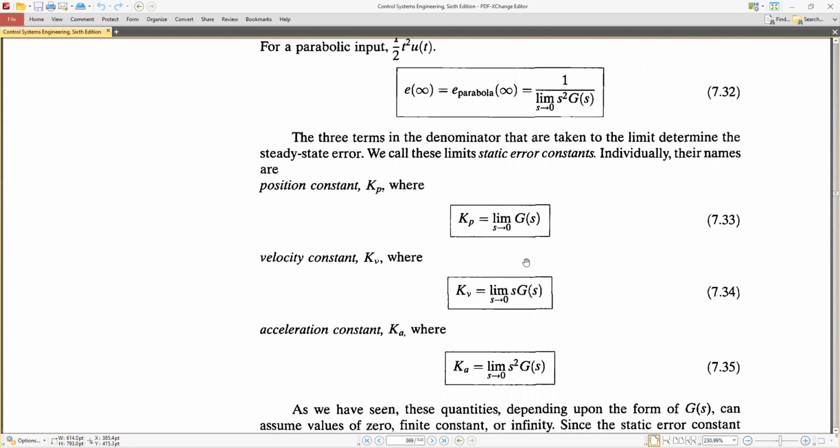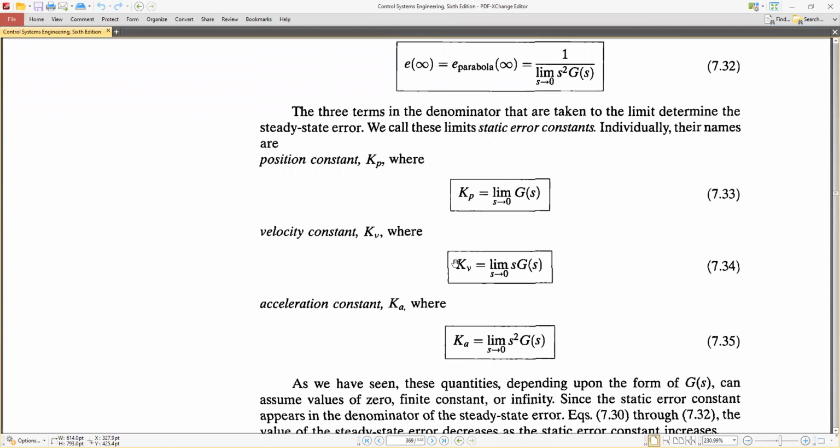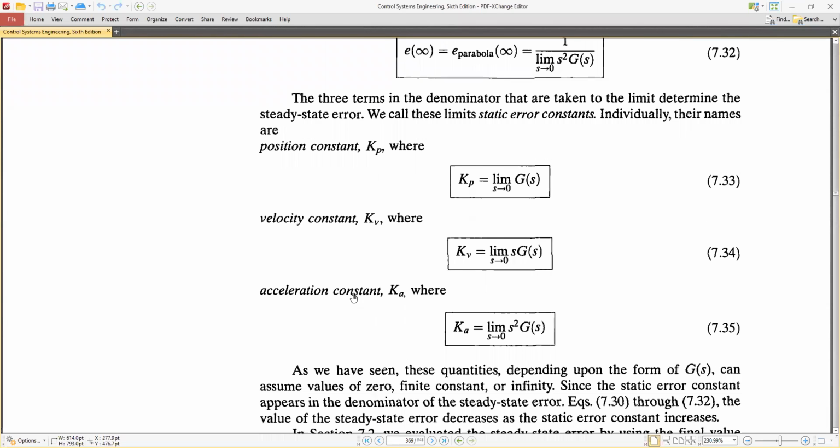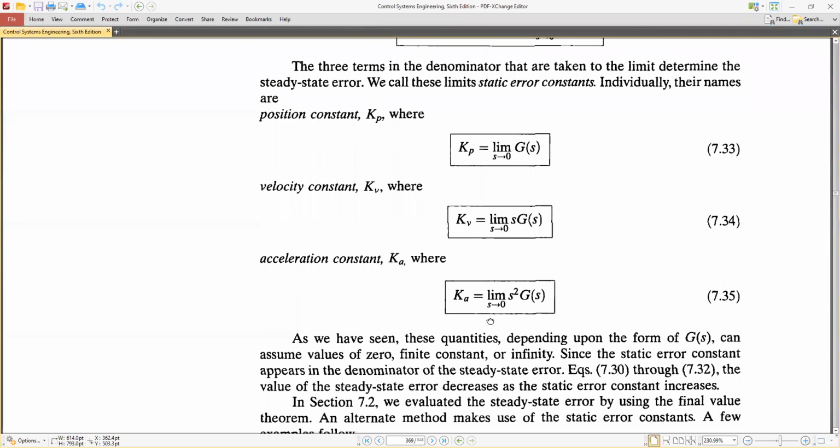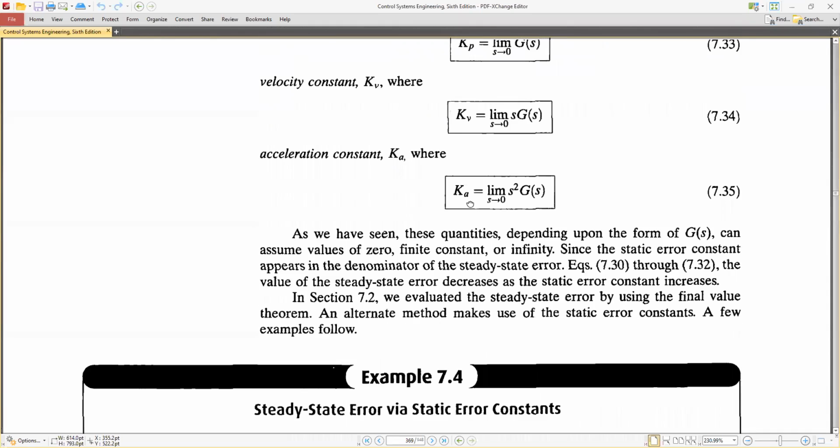So three kinds of constants we have considered here. Remember this one: position constant, velocity constant, and acceleration constant.